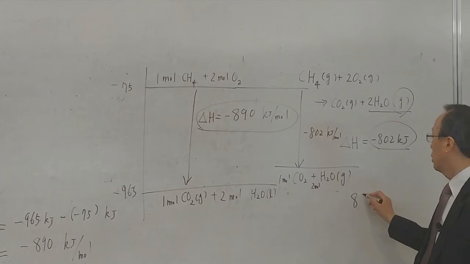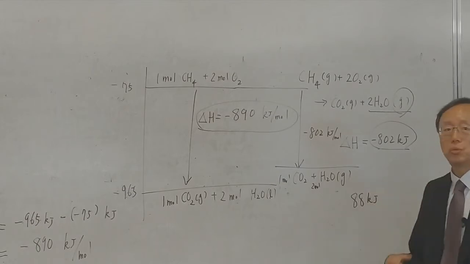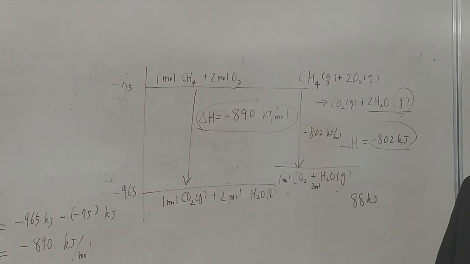So 88 kilojoule is used to vaporize water from liquid state to gas state.